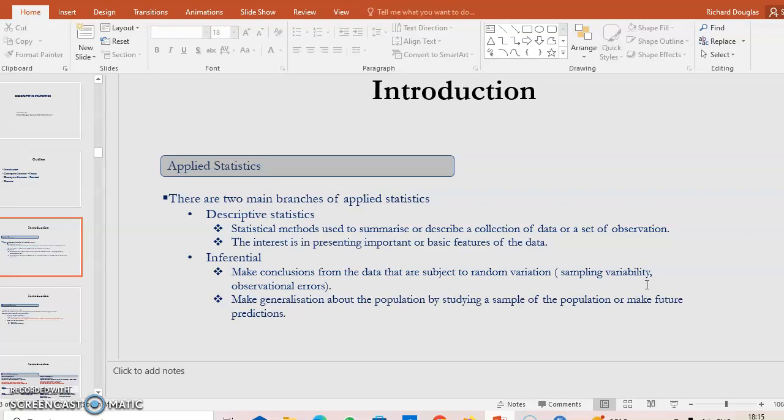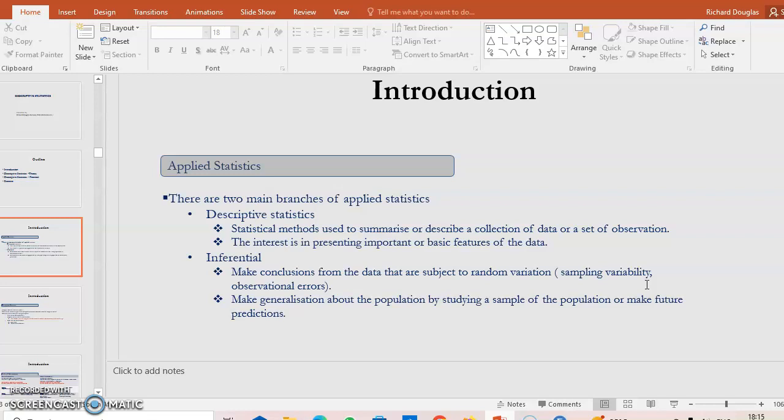So by descriptive, it's a statistical method used to summarize or describe a collection of data or a set of observations. So in this case, the interest is in presenting the important or the basic feature of the data.